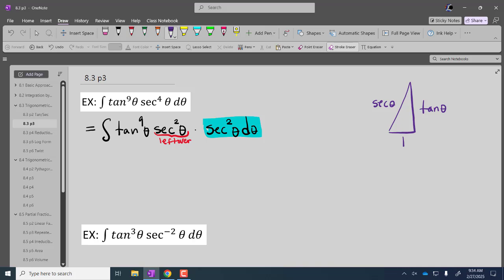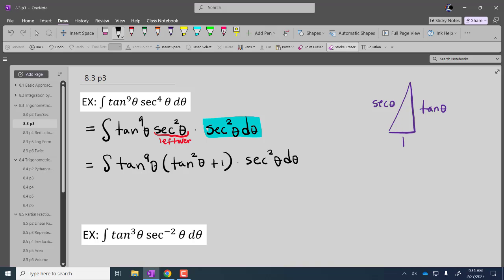So we need to convert these leftovers with this triangle. There's our identity right there. Tan squared plus 1 is secant squared, so secant squared is tan squared plus 1. So we're just going to use that. So tangent squared plus 1. And now we're in a position that substitution is going to work really beautifully.